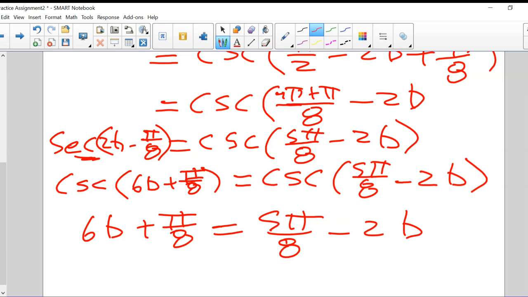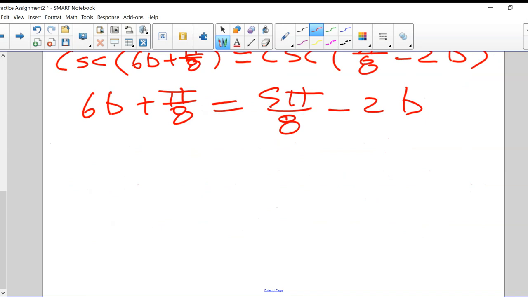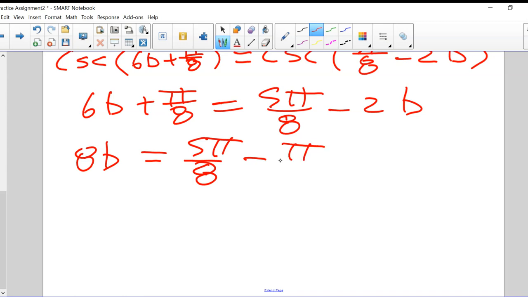Okay? All I need to do is solve for b. That was the whole point in the first place. So I'm thinking, why don't I bring that 2b to this side, so that would be 8b, and bring that pi over 8 to the other side, equal to 5 pi over 8 minus pi over 8.